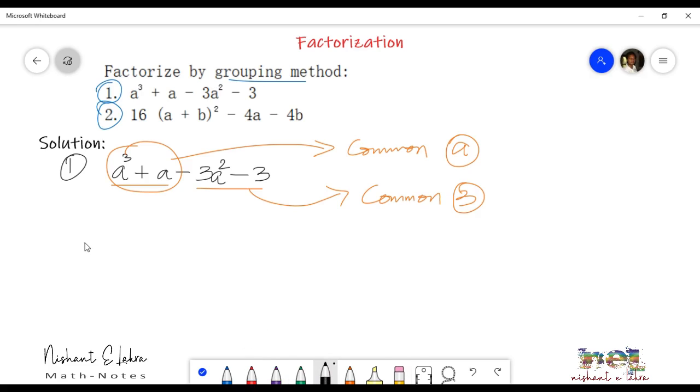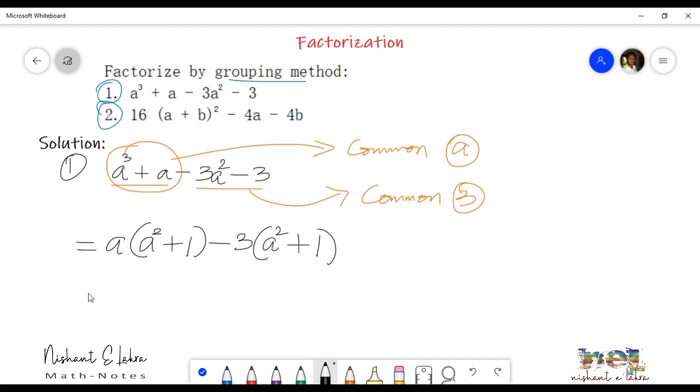That will be a in brackets, a into a square will be a cube, plus a into 1 will be a, minus the common value, 3, in the second group. 3 into a square is 3a square, minus into plus will be minus, right? And 3 ones are 3.